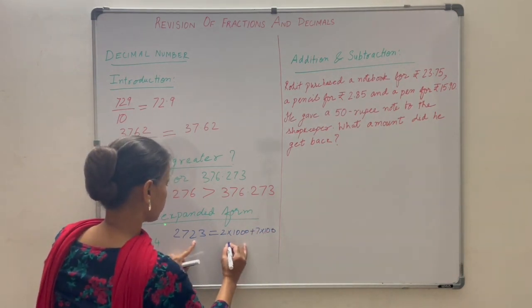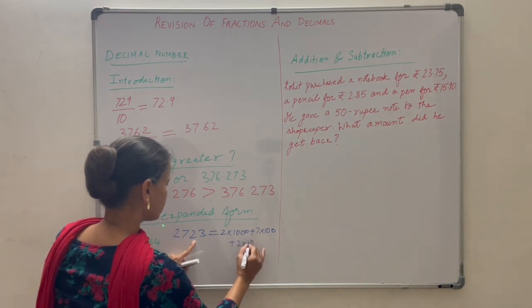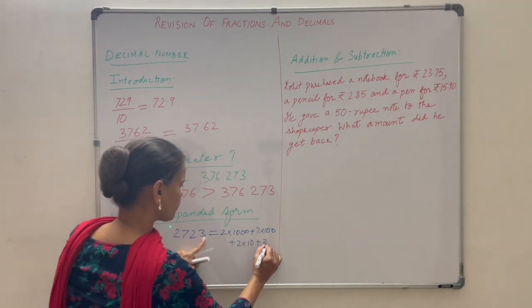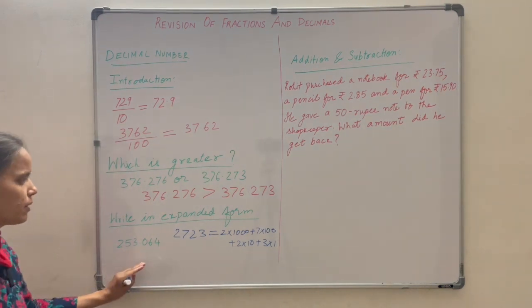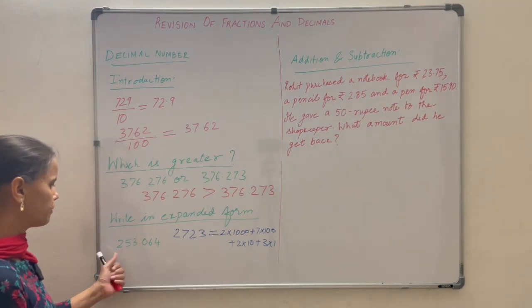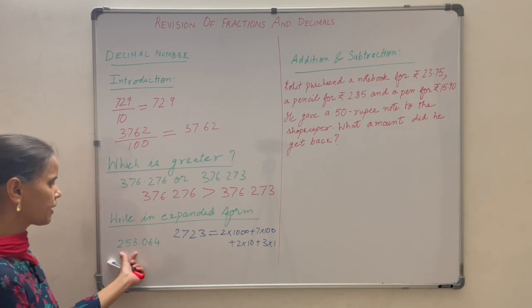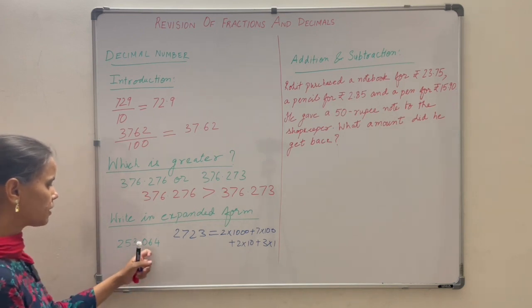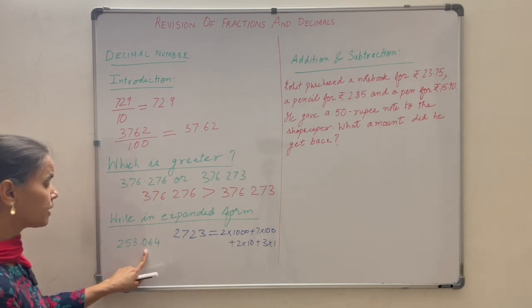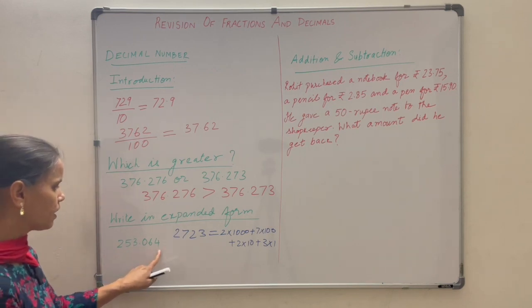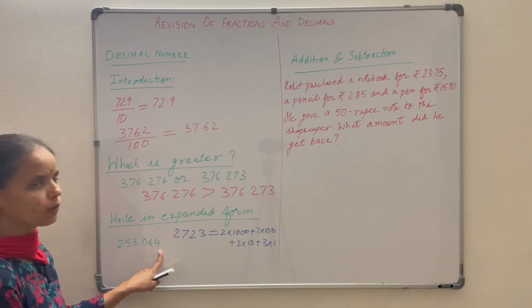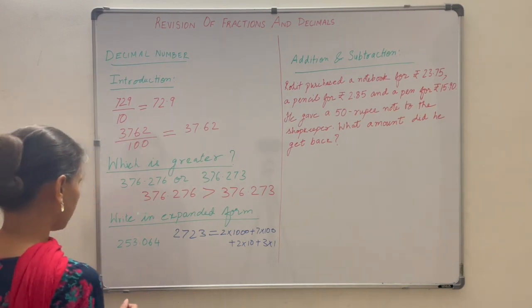This is in the tens place, so you multiply this by 10. This is in the ones place, so you multiply this by 1. Similarly, in decimal numbers also we are going to multiply. Before the decimal point, this works like a whole number. After the decimal point, this is the tenths place, that is 1 by 10. This is the hundredths place, that is 1 by 100. This is the thousandths place, that is 1 by 1000. So let us do it that way.